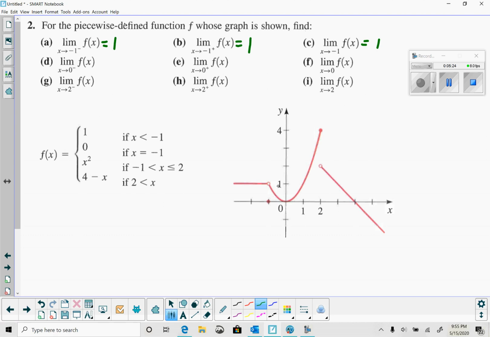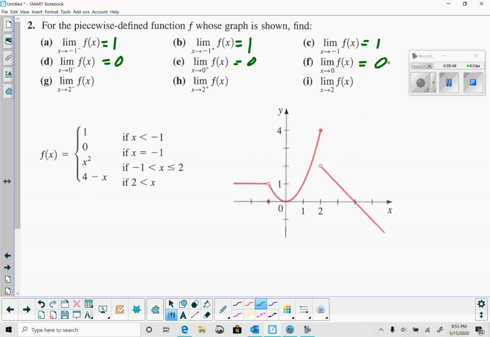Well, again, we're heading from here, going down. Looks like we're heading towards a value there of 0. The limit as x approaches 0 from the right, so from this side, heading down here, it again appears that we're headed towards 0. So yes, this limit exists, and the value is equal to 0.